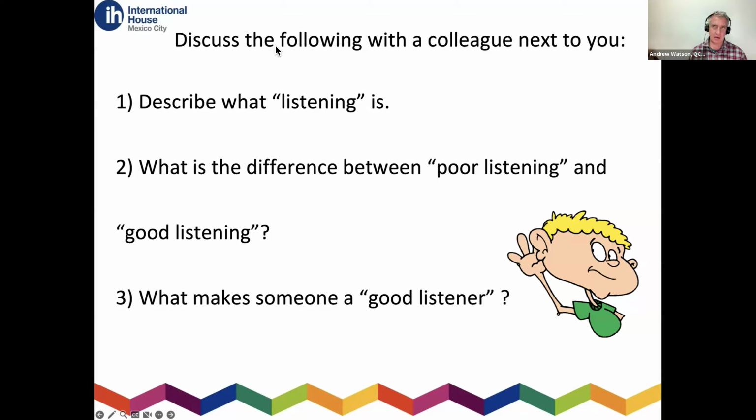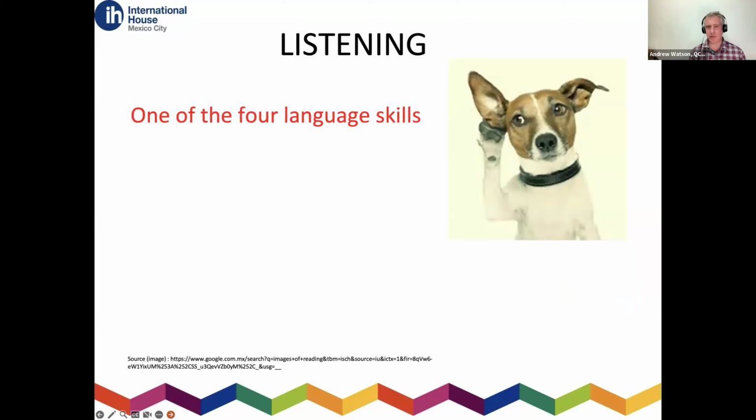Now, listening is one of the four language skills. What are the other three? Writing, speaking, and reading. Yes. So it's a receptive skill, whereas productive skills are obviously speaking and writing.